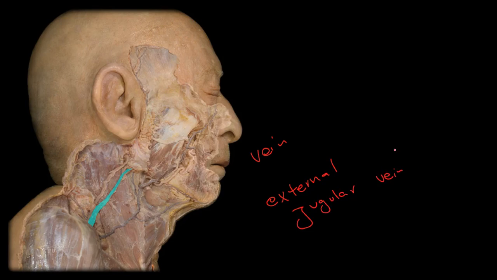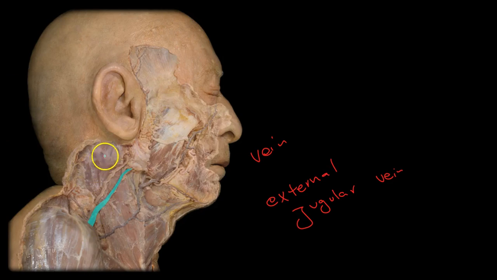It's going to drain the oxygenated blood of the scalp and face, and as you can see, it is a subcutaneous vessel, a superficial vessel. We can find it under the skin, and it's formed by two veins near the angle of the mandible, like here. And then it descends toward the middle of the clavicle.